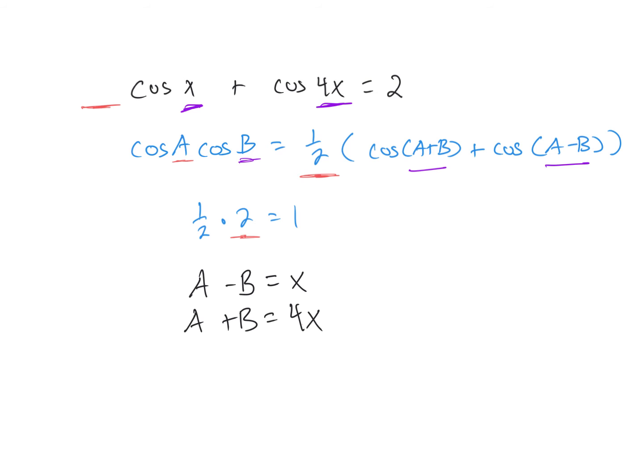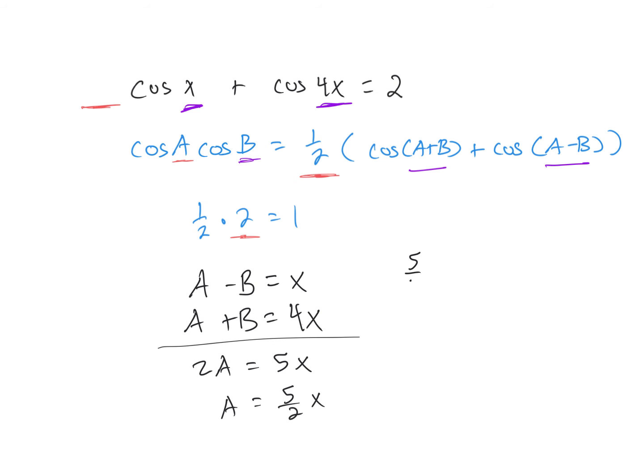Then if I add these, we get 2A must equal 5X, divided by 2, A should equal 5 halves X. And then I'll take that in.